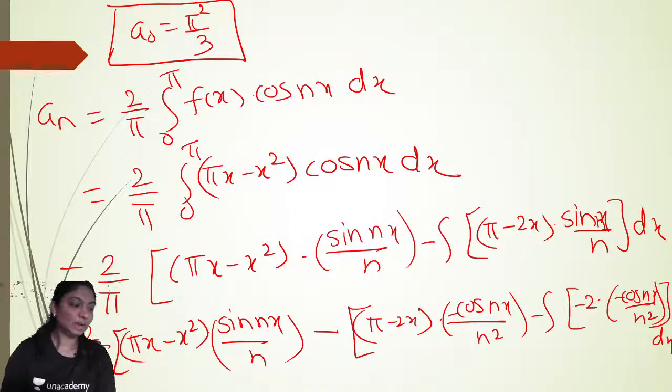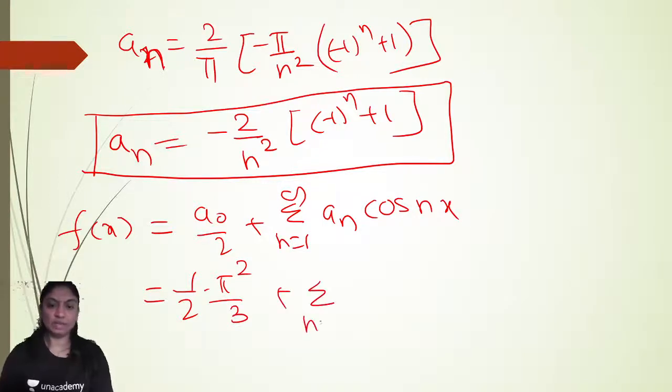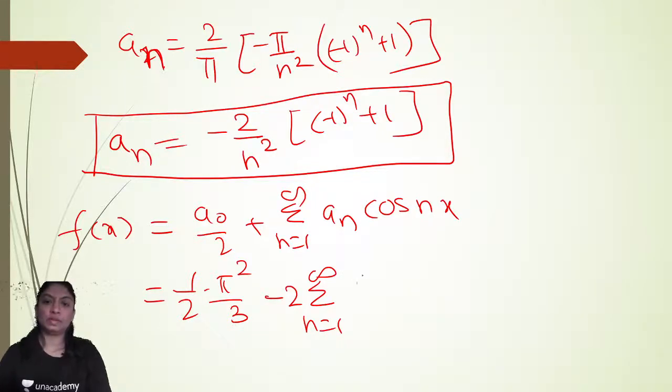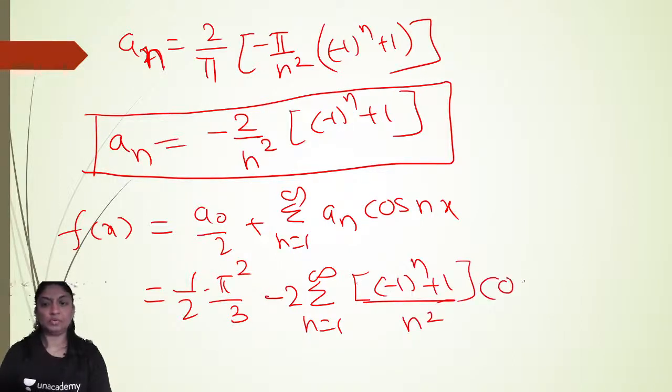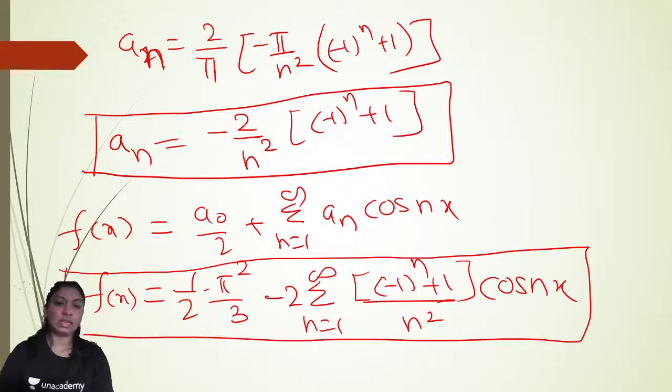So you will get pi square by 3 into 1 by 2, that is pi square by 6, plus summation n varying from 1 to infinity, with minus 2 outside, so you will get minus 1 raised to n plus 1 upon n square into cos nx. This is your Fourier half range cosine series in the interval 0 to pi.